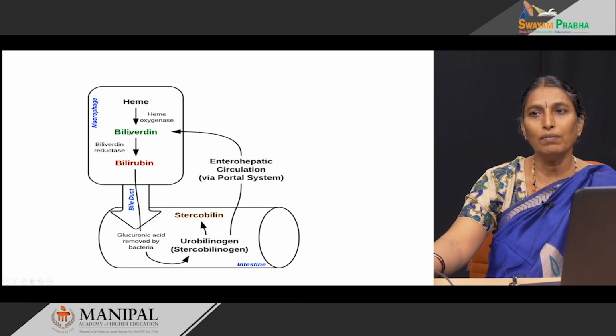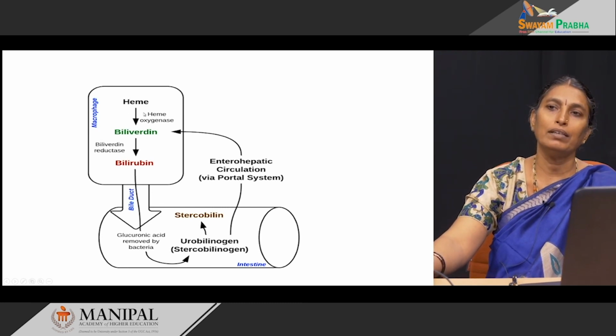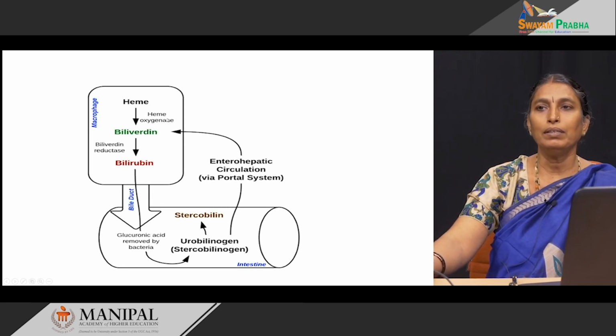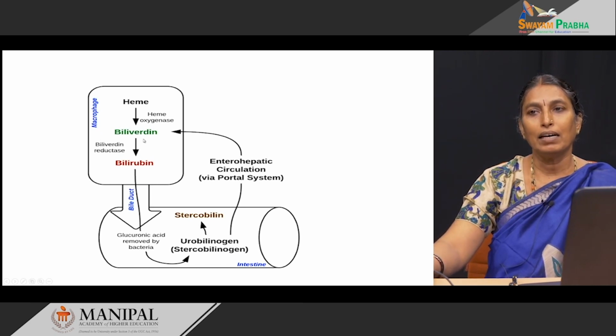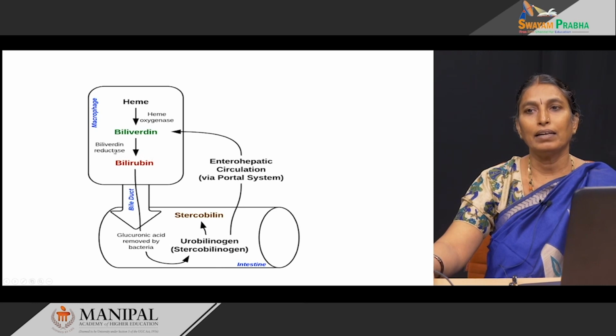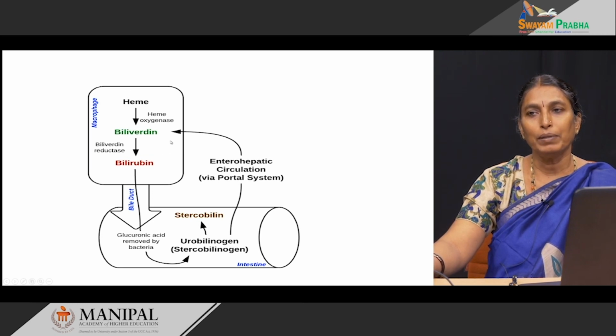This is the only reaction in our body which produces carbon monoxide. Biliverdin is immediately converted to bilirubin by the enzyme called biliverdin reductase, and it utilizes NADPH plus H plus as the hydrogen source.